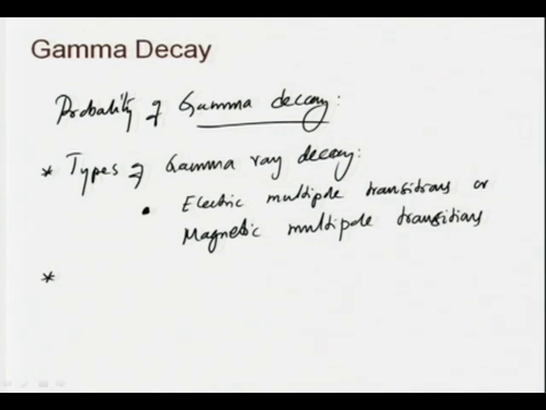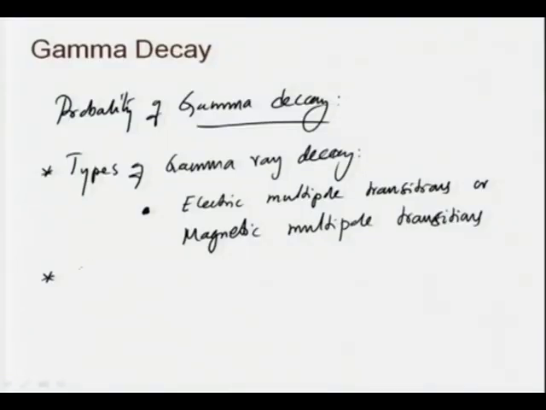If you ask what is the probability for electric multipole transitions and magnetic multipole transitions, multipole meaning either dipole, quadrupole or higher poles. How does the probability go as you consider different multipoles?